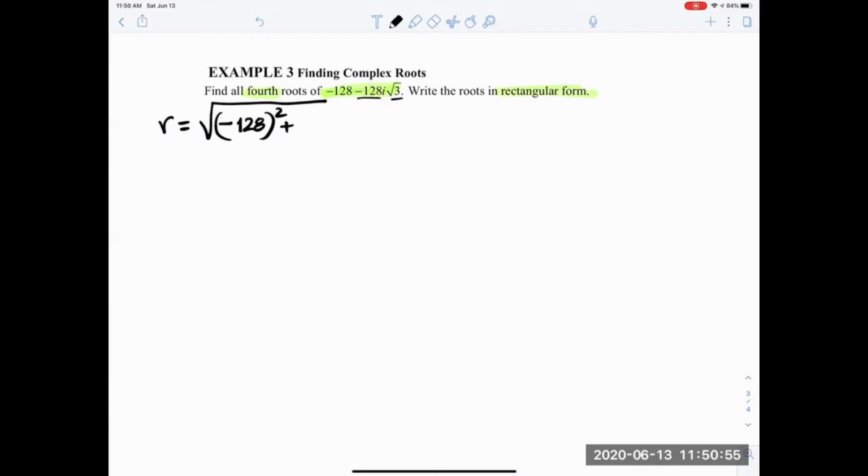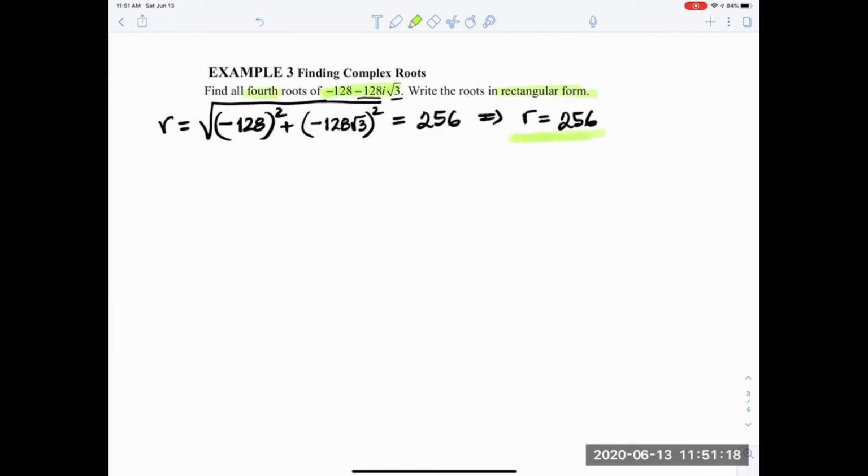They're all kind of together, so don't forget about the root of 3. So -128 root 3 all squared, and everything is underneath the square root. Now if you do the math here, you get 256. Great, so we get that r, our modulus, is 256.